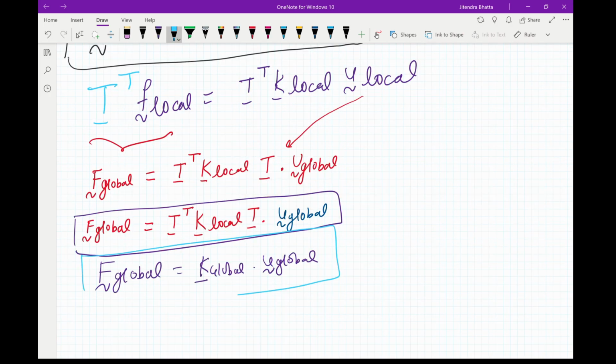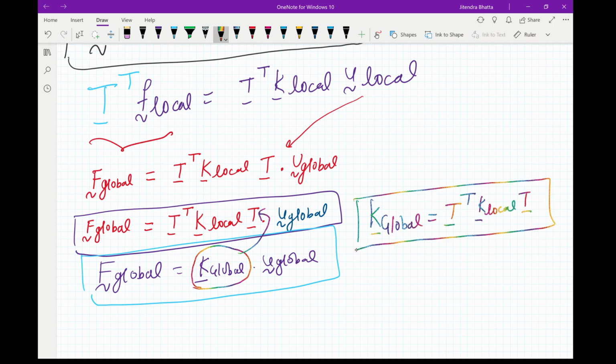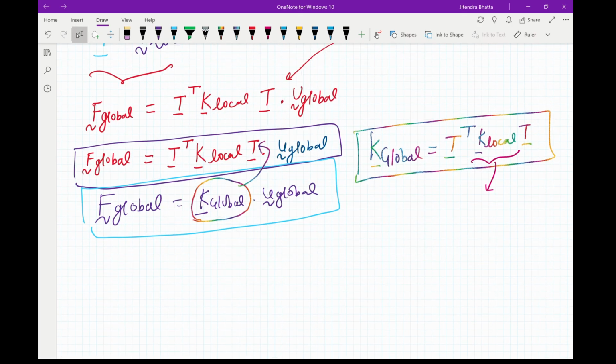You'll find that your global stiffness matrix is given by this equation here. So your K global for a frame element oriented in any direction will be given by, now this K local refers to all the stiffness matrices we have derived earlier.